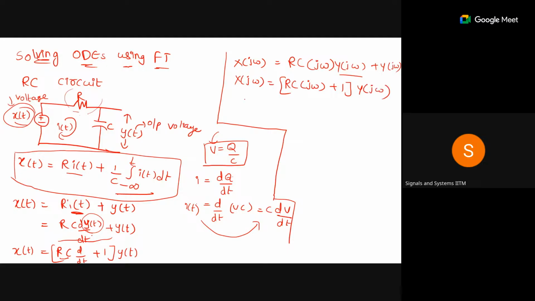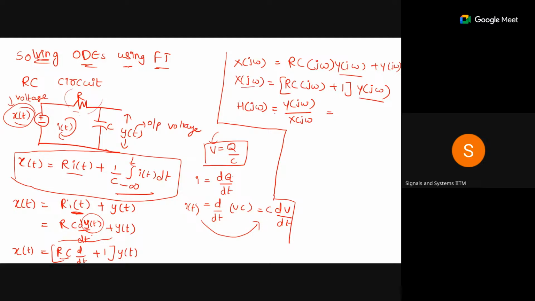So now I want to find the frequency response, how the system is working. What is the frequency response? It is H of j omega, which is the Fourier transform of the output by the Fourier transform of the input.